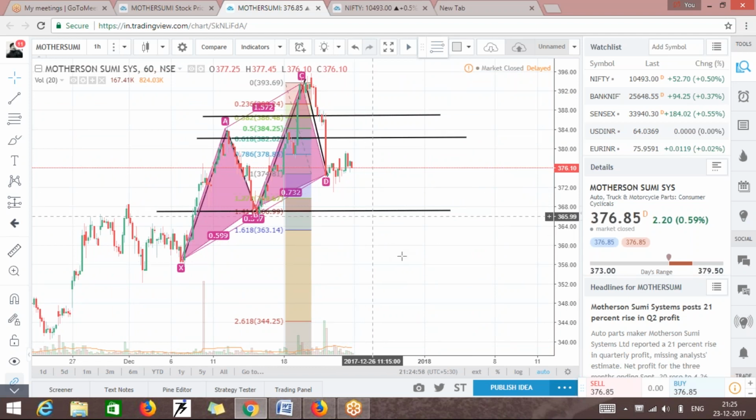This could be too much downside. So we need to see the risk reward ratio. If our SL is lesser than the first target, then it's definitely a good trade, it can be a good trade.